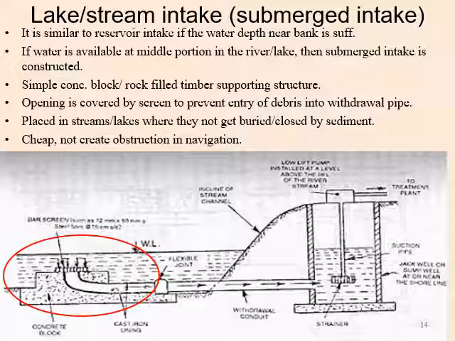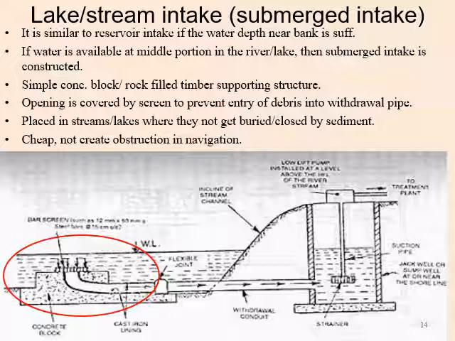If the water is available at the middle portion of the river, lake or stream, then the submerged intake is constructed. If the water is not available nearby the bank but in the middle portion of the source to fulfill our demand, then a submerged intake may have to be constructed.